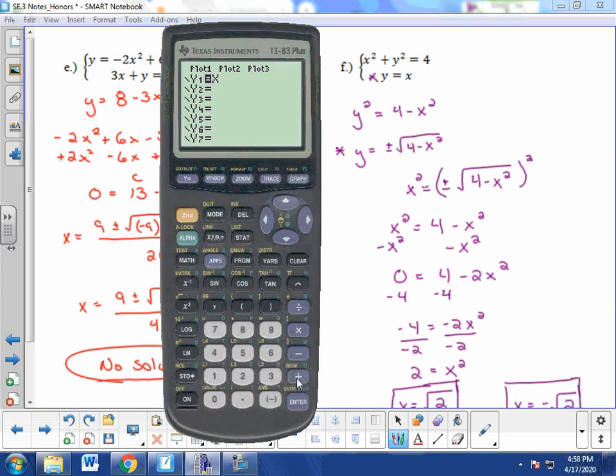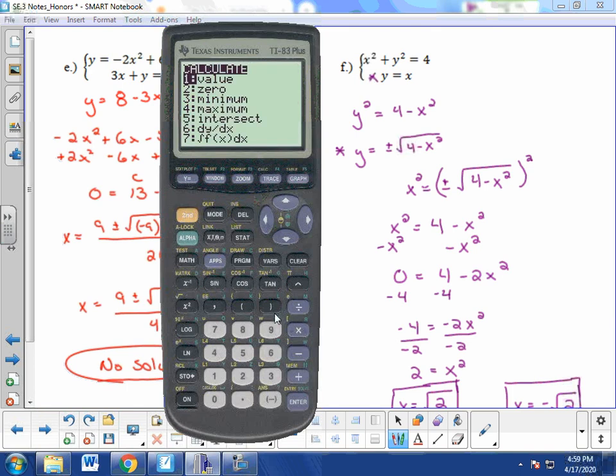And then my second equation, again, it's a positive and a negative square root: square root of 4 minus x squared, and negative square root of 4 minus x squared. Graph that. There's my line y equals x. There's my graph. I see there are two intersections, so I'm going to find them.